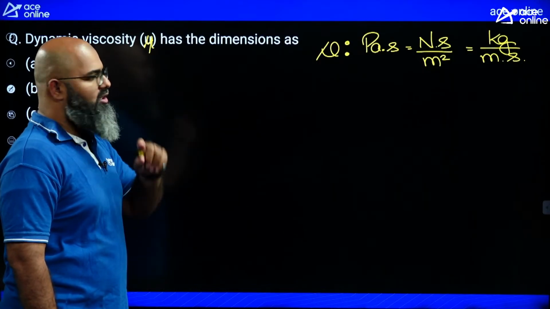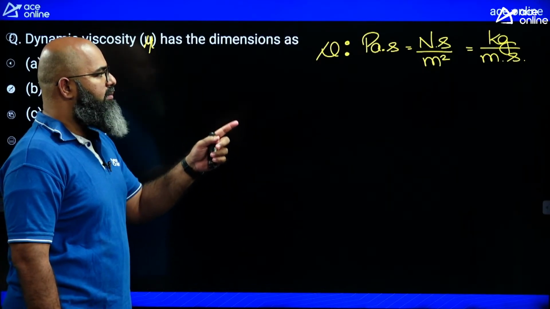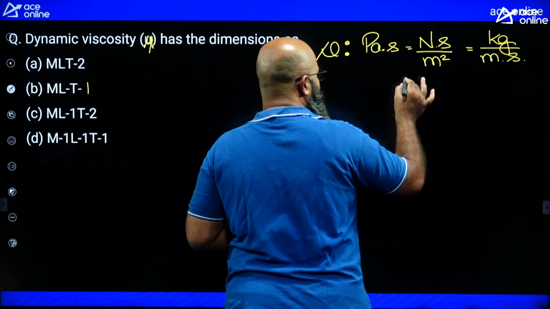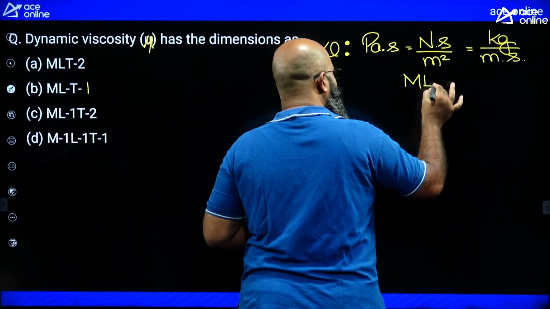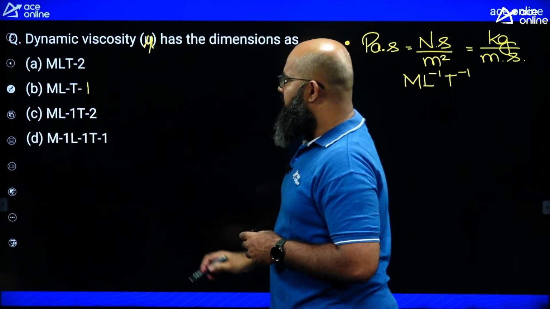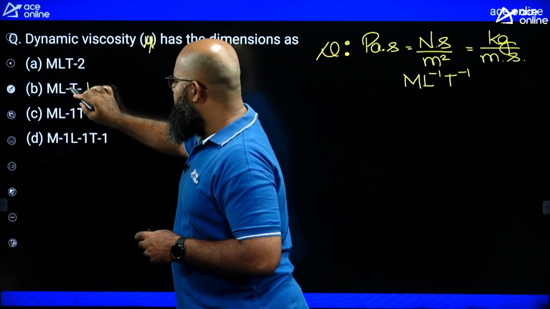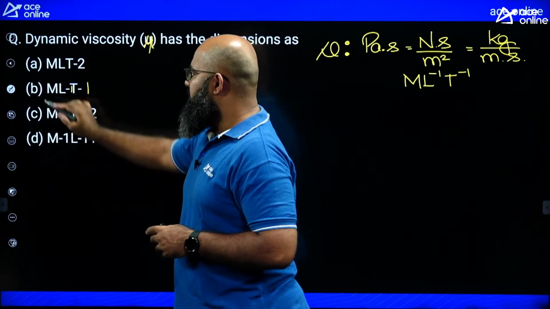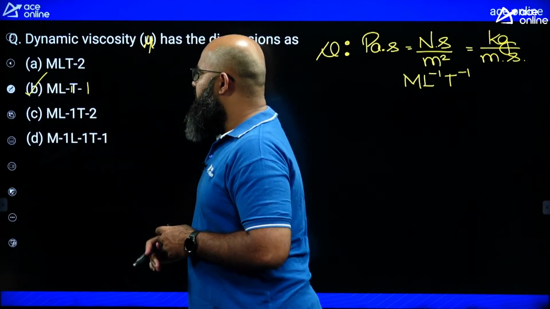All these are SI units: Pascal second, Newton second per meter square, kg per meter second. If you dimension this, the dimension over here is M L power minus 1 T power minus 1. That way answer B over here would be correct.